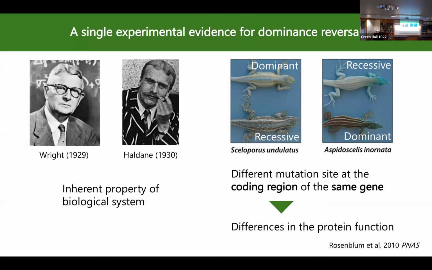The different mutation site creates differences in protein function, and because of it, the dominance can be reversed. So in this case, the difference in dominance between species is determined only by the function of the protein. It means that dominance is determined by an inherent property of the biological system.